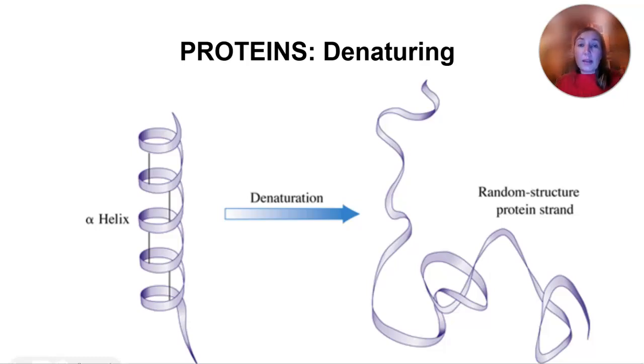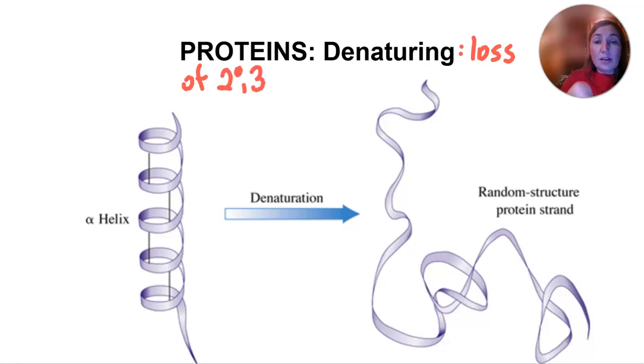So let's talk a little bit about proteins actually denaturing. So what is denaturing? Denaturing is really about loss of some of that structure. Really about loss of your secondary, your quaternary, or your tertiary structure.